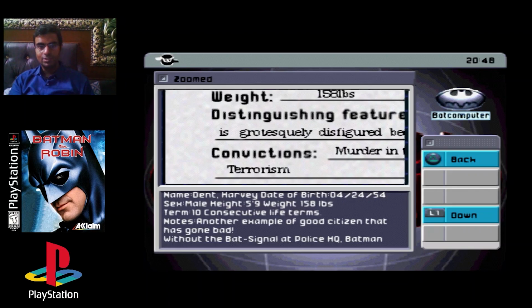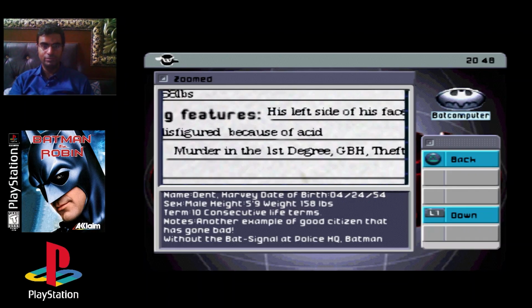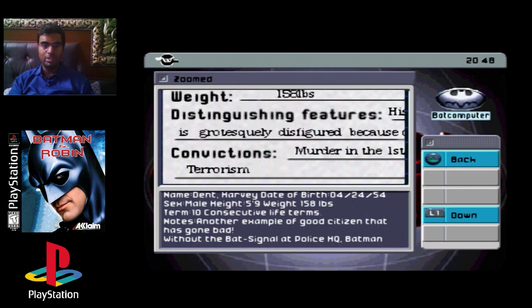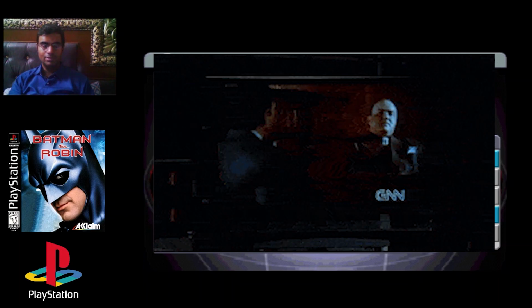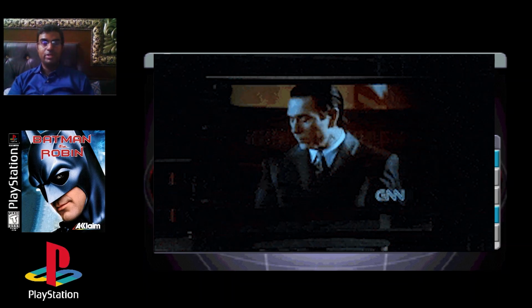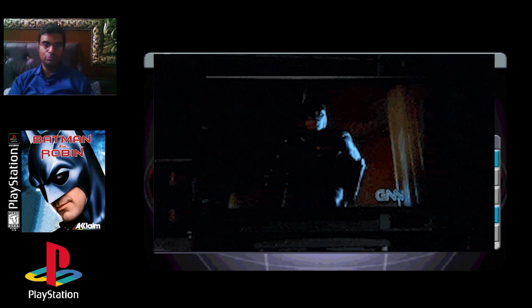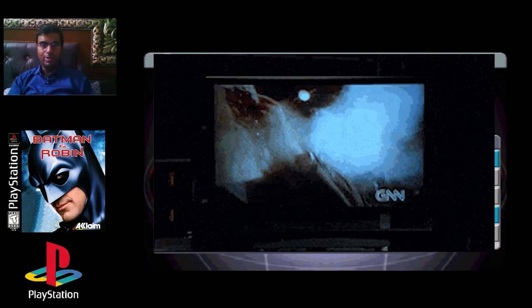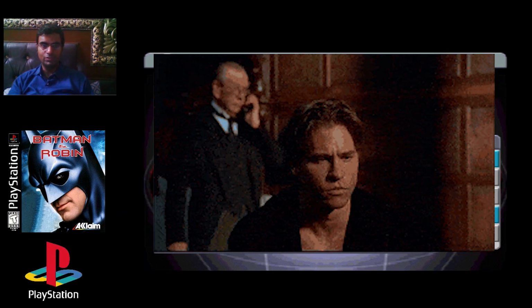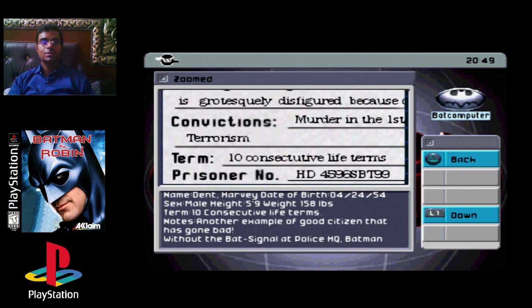and these are some distinguishing features of Two-Face, that the left side of his face is grotesquely disfigured because of acid, as we can see in the Batman Forever movie. At the beginning of the movie, I should say, his face was brutally affected by the acid that was thrown by some mafia boss.